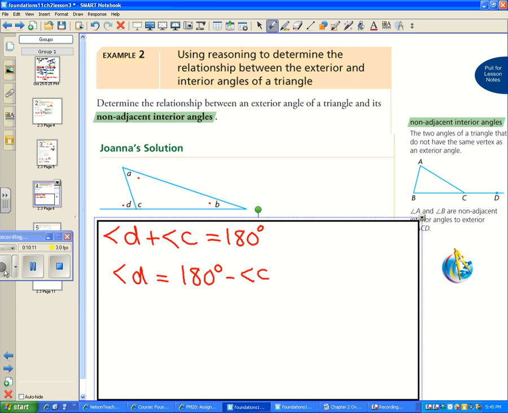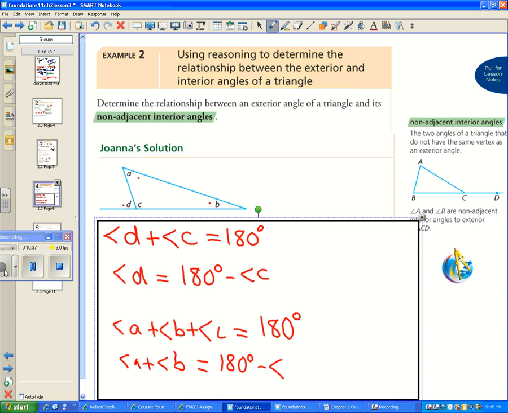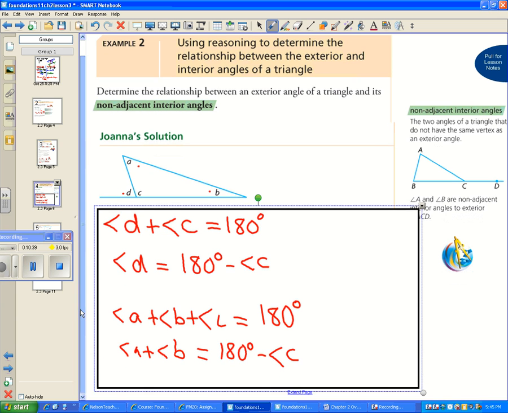The other thing that we learned this lesson is that angle A plus angle B plus angle C, the interior angles of a triangle, add up to 180 degrees. Rearranging, I can say angle A plus angle B is equal to 180 degrees minus angle C. Wait a second.